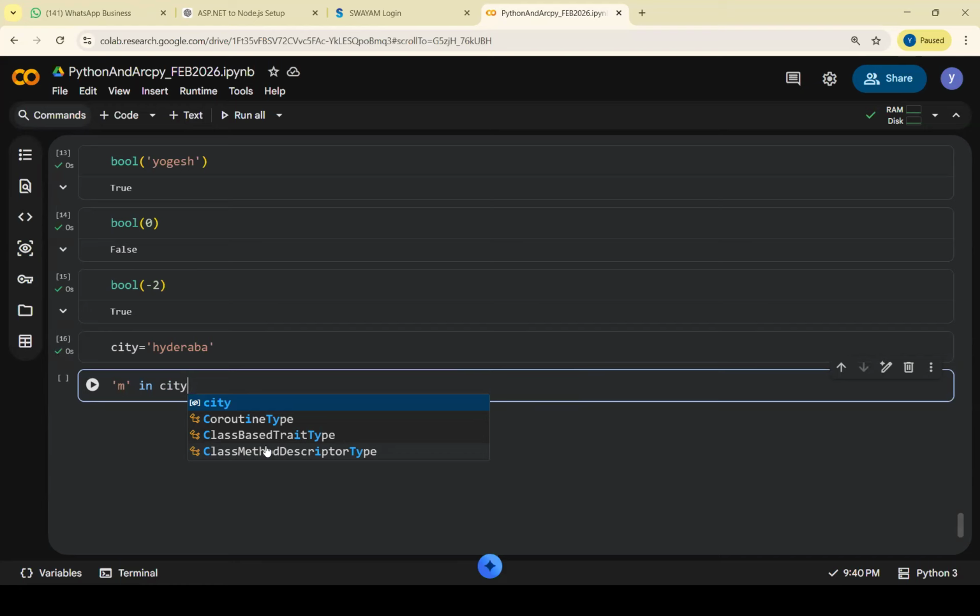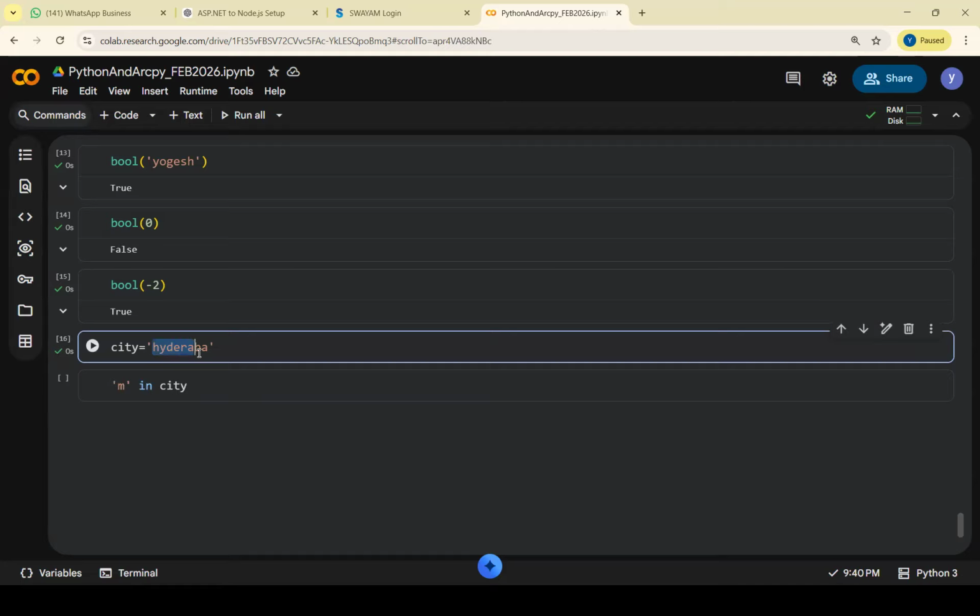Whenever we talk about the membership operator, it will always return the answer true or false. When you write M in city, are you able to see any M here? No, correct?